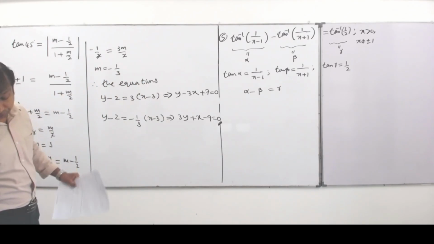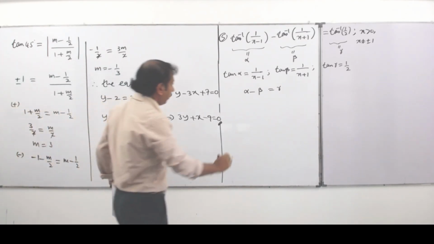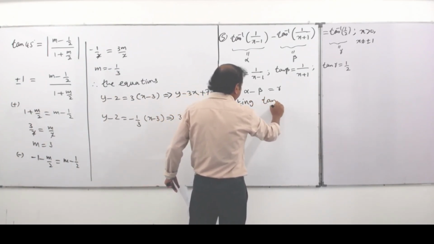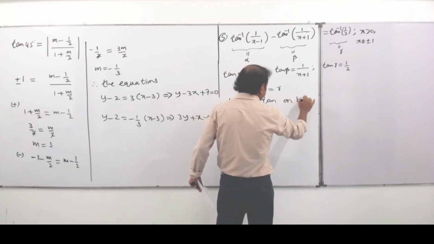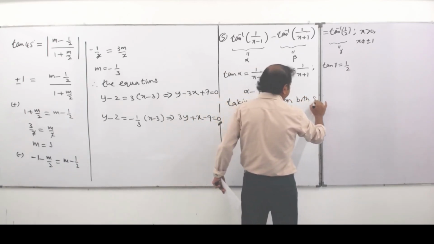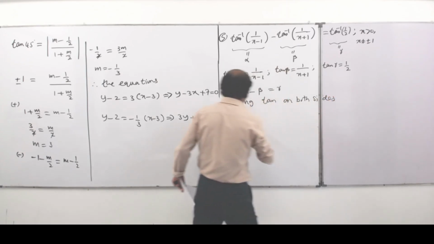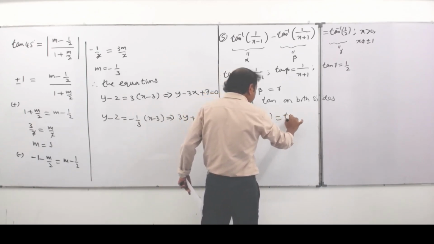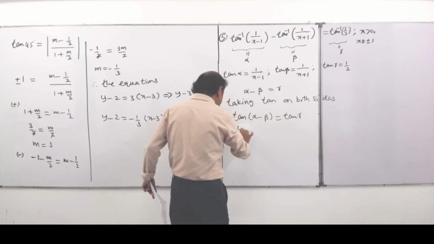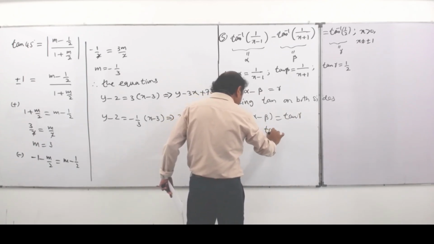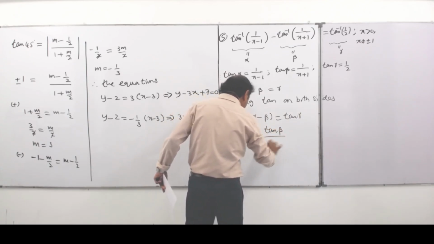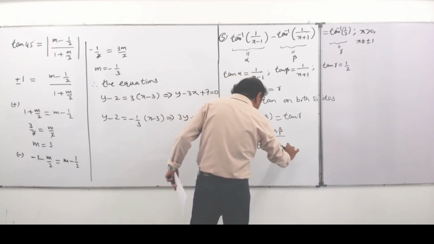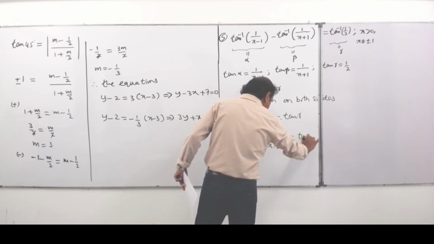Right. Then we can take tan on both sides. We get tan of alpha minus beta equals tan gamma, which is tan alpha minus tan beta divided by 1 plus tan alpha tan beta equals tan gamma.